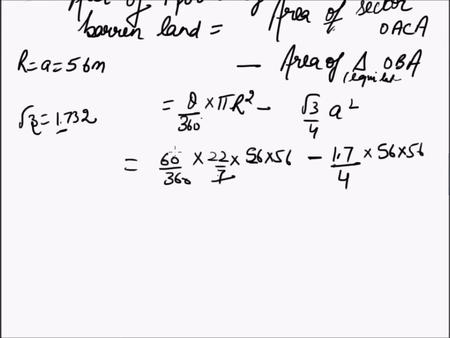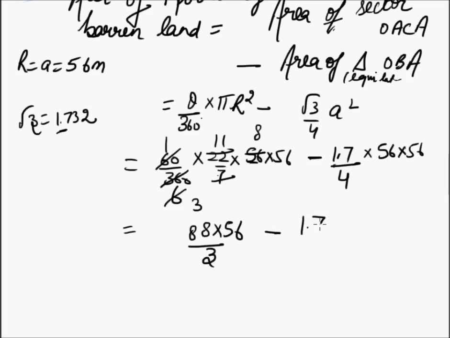So we have 60 divides 360 by 6, and 7, here it will be 8. Now if we cancel both the terms by 2, we will get 3 and 11. So as a whole we have 88 into 56 over 3 minus 1.7.